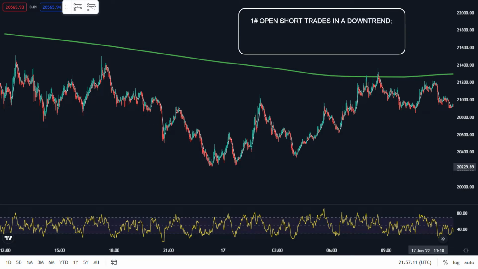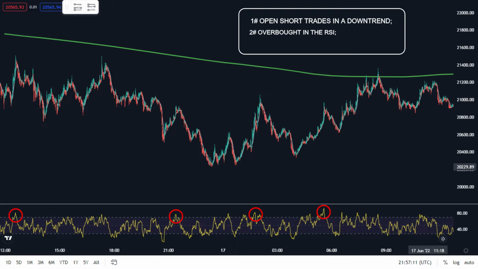After establishing the trend direction, it's time to state the second rule, which is that the RSI indicator must be overbought. And this basically means that the RSI chart should be above the 80 mark. If that's the case, we are close to opening a short position.